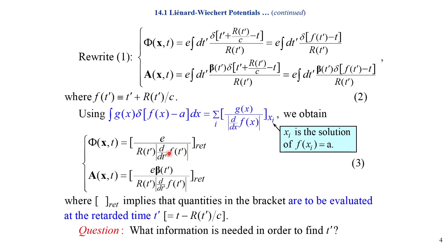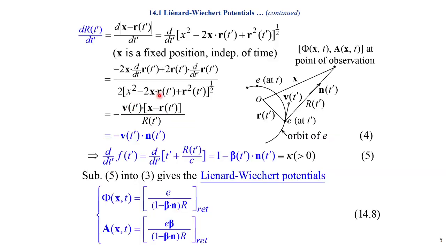What's this one? This one looks easy because it looks like this one and the derivative of this one. Actually it is x minus r(t prime) over dt prime. We can write it into this form: s prime minus 2x dot r plus r squared, the square root of this one.